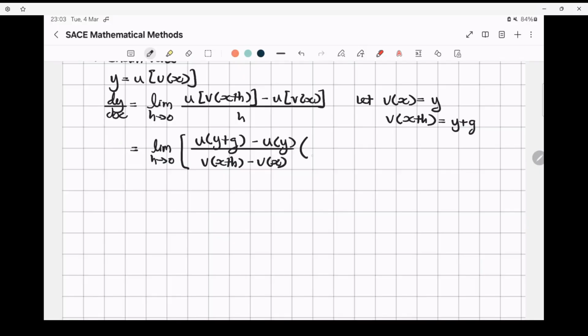Then the other side, you will have v(x+h) minus v(x) divided by h. So by right, you don't really need to convert this, but it sort of helps you to see why I can break it down in this case, because it is just like a fraction kind of thing.